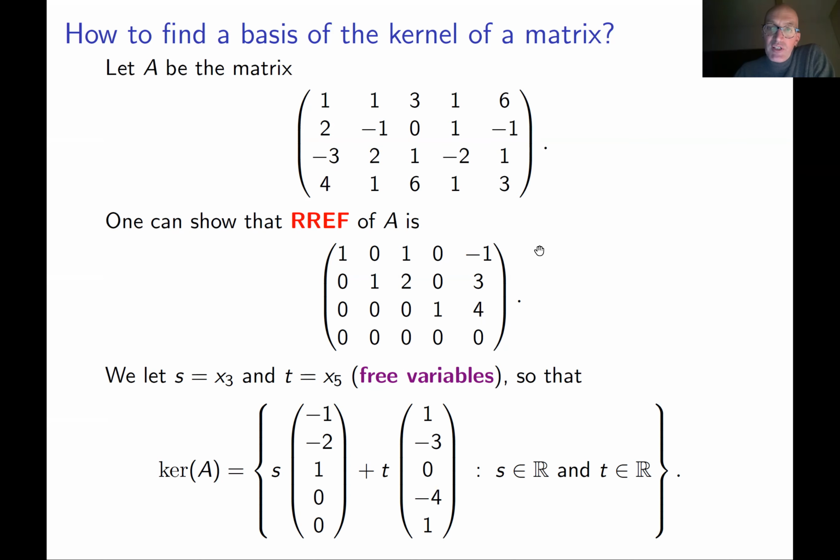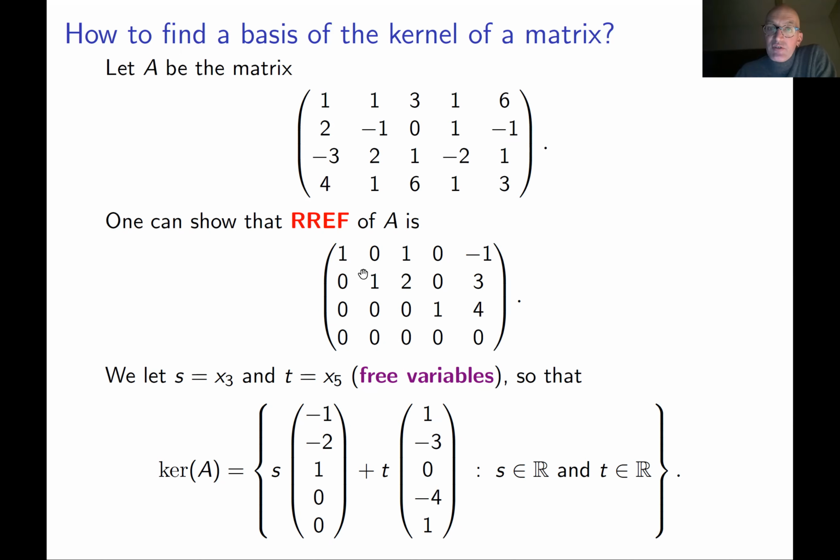So put it this way: if you multiply this matrix by the vector x1, x2, x3, x4, x5, and make it equal to 0, and then you say, okay, x3 is S, I just give it a different name, and x5 is T, then you can express x1, x2, and x4 in terms of S and T. Again, why?